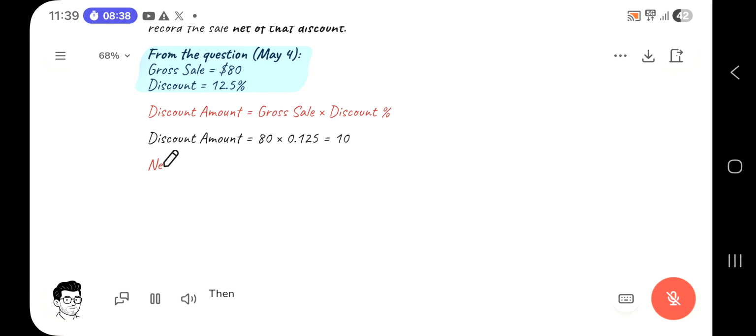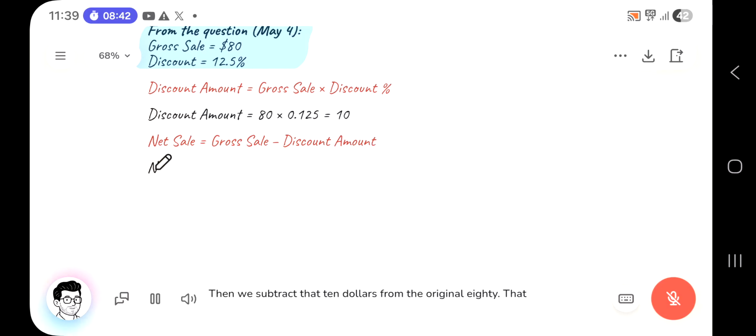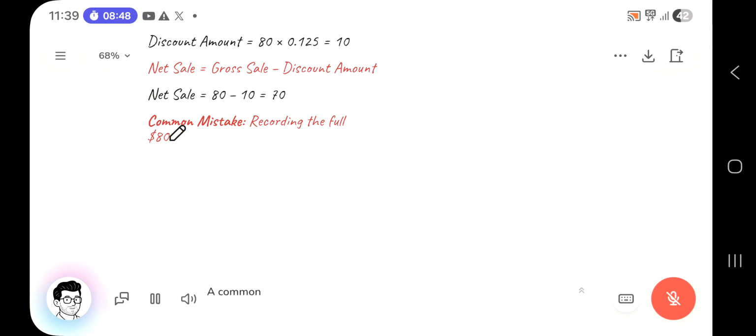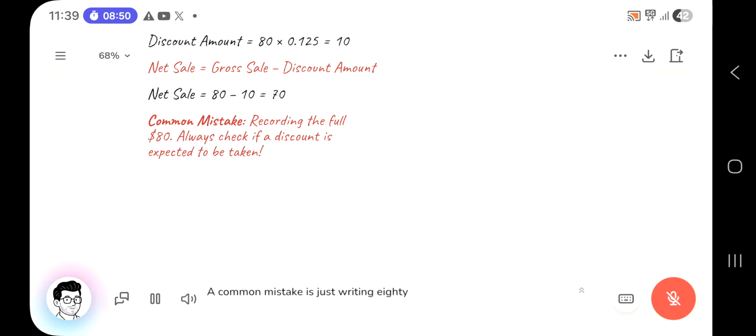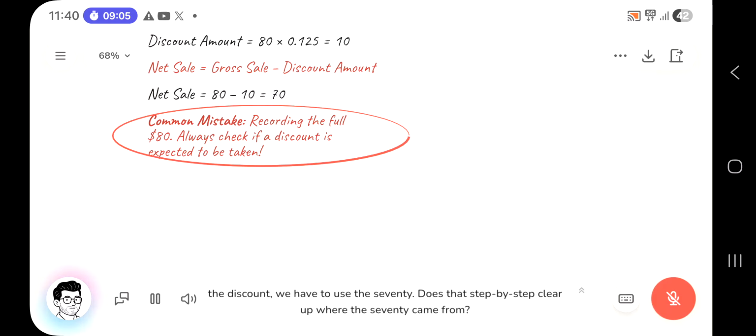Then we subtract that $10 from the original 80. That leaves us with $70 to put in the sales day book. A common mistake is just writing 80 because that's the big number you see first. But since the notes say Marshall expects McGuire to take the discount, we have to use the 70. Does that step by step clear up where the 70 came from?